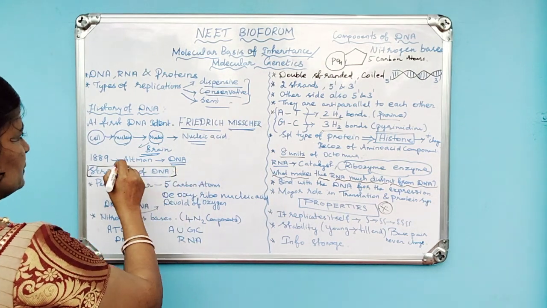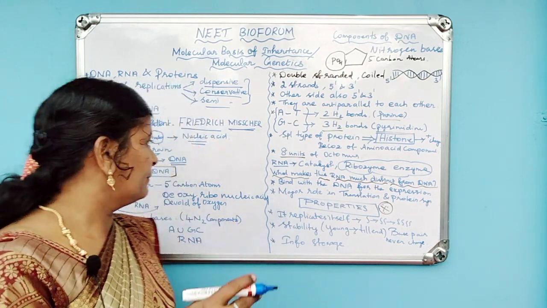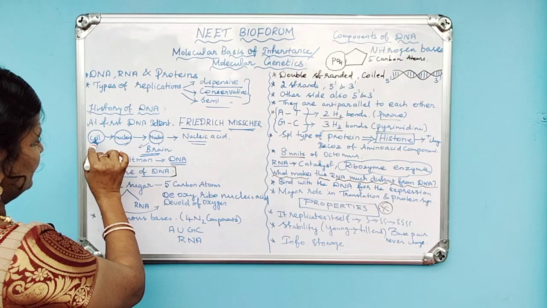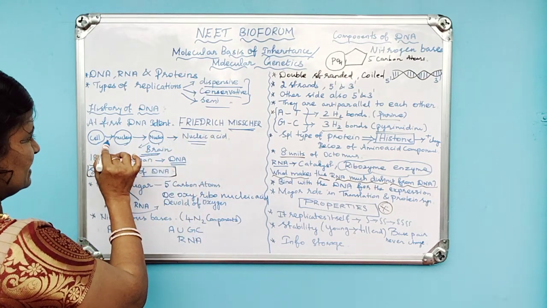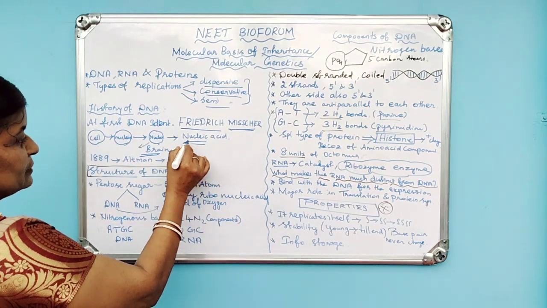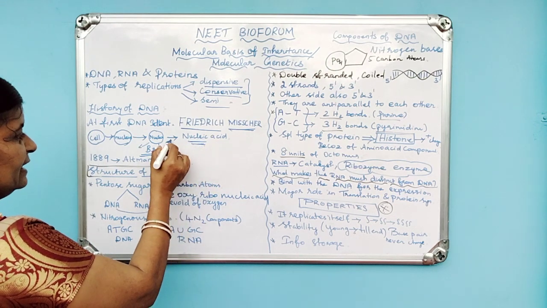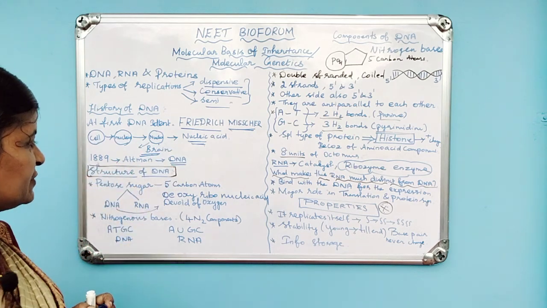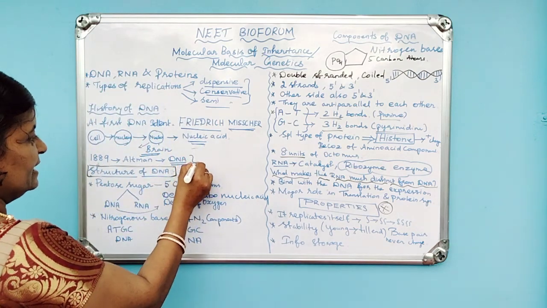At first the DNA was identified by Friedrich and Miescher, who observed that the cell contains a nucleus, which acts as the brain of the cell and contains nucleic acid. They named it nuclein. Afterwards, in 1889, Altman named this nucleic acid DNA.